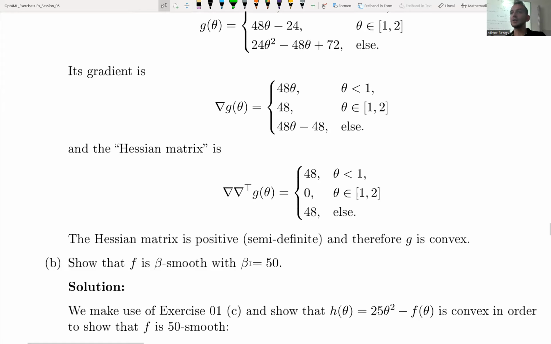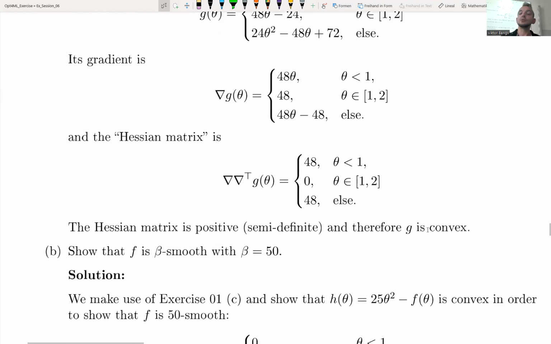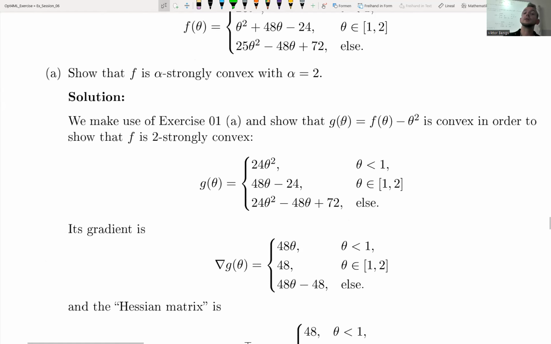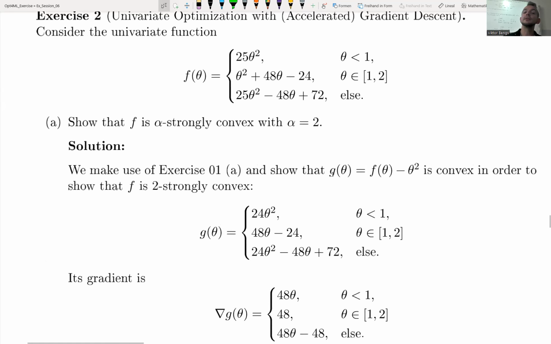And we know that if the Hessian matrix is non-negative, or positive semi-definite in this case of a 1 times 1 matrix, that is equivalent to g being convex. So we can infer g is convex, and f is strongly convex with parameter equal to 2, because we set it here to 2.